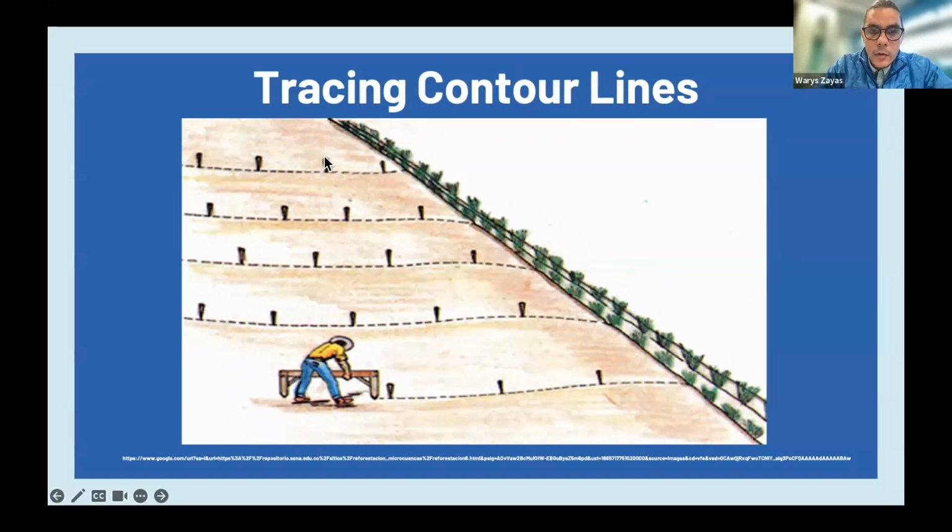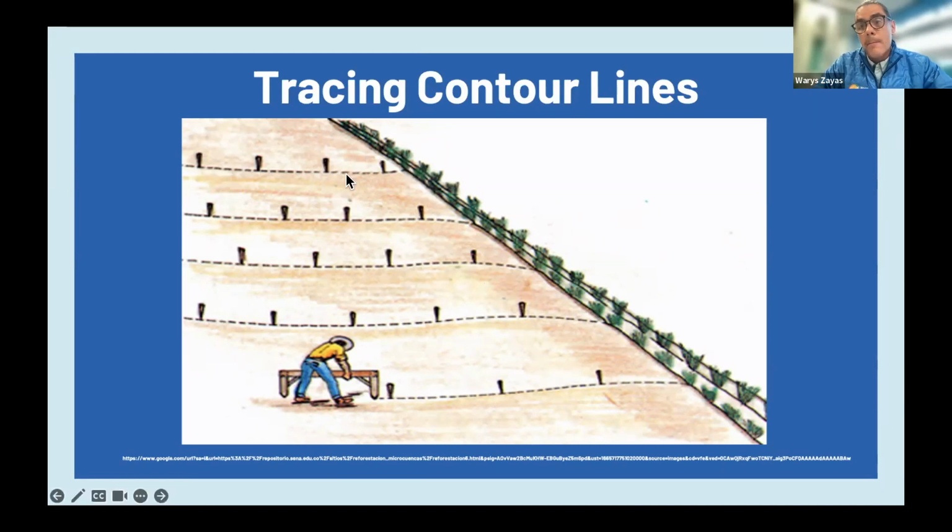That line runs from the top to the bottom of the slope, and that will help us mark our first line that we will use as a guide to mark the other lines, okay? But the consideration we need to have before doing this is that the slope in the area has the same decline degree across the section that we want to work.